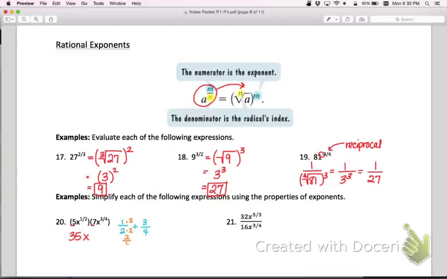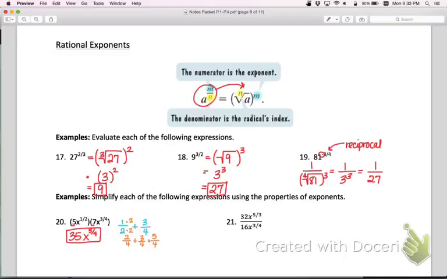So I get 2/4 plus 3/4, which is 5/4. And so that tells us what the power of x should be, and that is our final answer. Adding and subtracting, you must have a common denominator. Multiplying, you just go straight across.